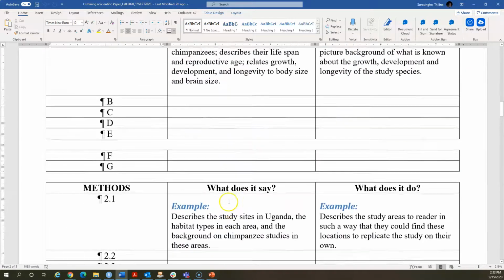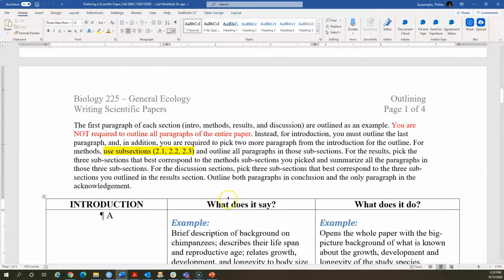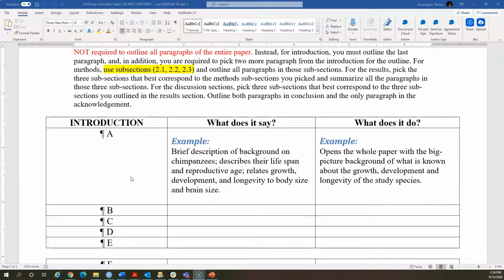Now let's go to the results. Well, what do we need you to do in terms of the results section? For the results section, pick any 3 subsections that correspond to 2.2 and 2.3, right? So subsection 2.1 in methods was related to the study site. So in the results, you will not find something that corresponds to 2.1. So you leave 2.1 out and look at 2.2 and 2.3, right?